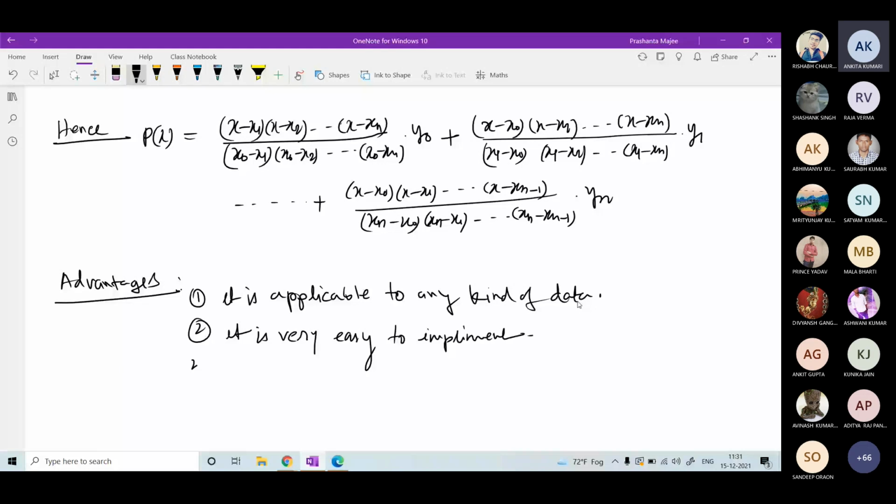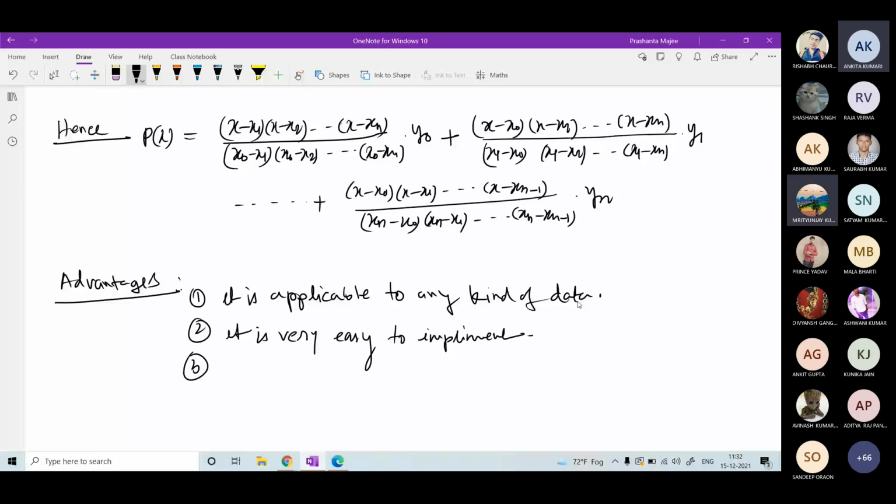Do you see any other advantages of this method over the existing methods? What about the order of the nodes, input values? In Newton's forward difference formula and Newton's backward difference formula, they will have to be in a certain order, in increasing order or decreasing order. Yes or no?